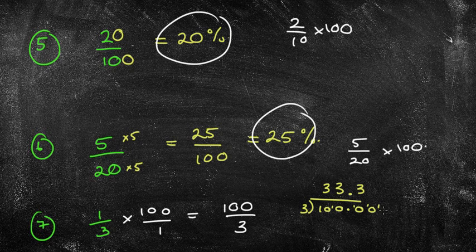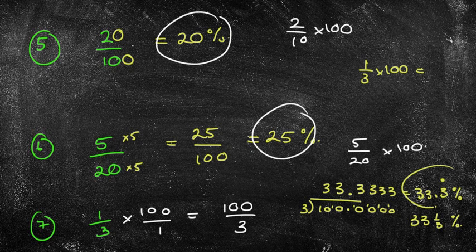You can see every single time I'm going to do that, it's just going to be the same number, which makes it 33.3% recurring, or 33 1/3%. So 2 different ways you could do that without the calculator, but certainly with a calculator, I would just be writing in 1/3 times 100 equals my answer there.